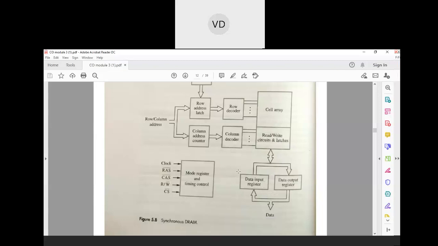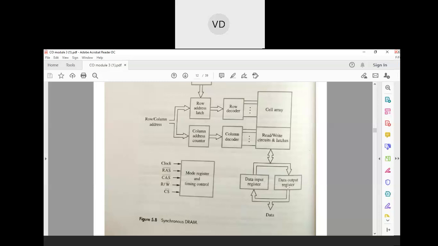At that time, you first store the data into the data input register. Once the data is stored in this data input register, using the row address and the column address generated by the processor, this data will be taken and stored at that particular address. So this is the main usefulness of this input and output register.